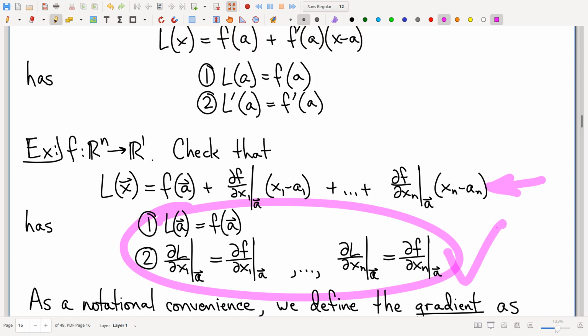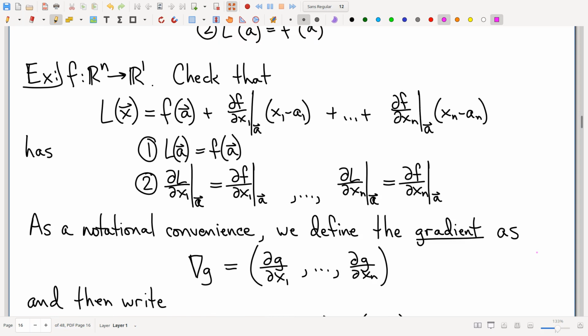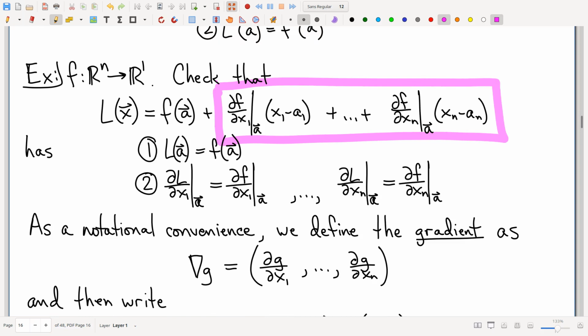Okay. All right. Let me do a little bit of a rewrite. Look at this part of our function. This is not the whole linear approximation, but it's the bulk of the linear approximation. And notice it's a sum of products. Good general rule of thumb, whenever you find yourself looking at a sum of products, entertain the possibility that it might be naturally interpreted as a dot product. And that's exactly what's going to happen here.